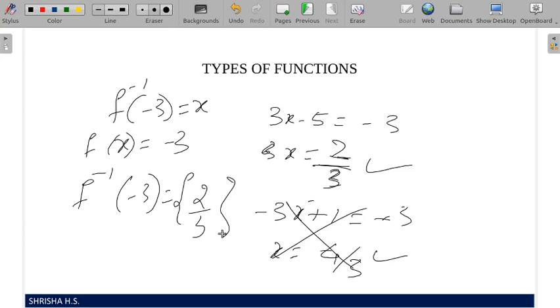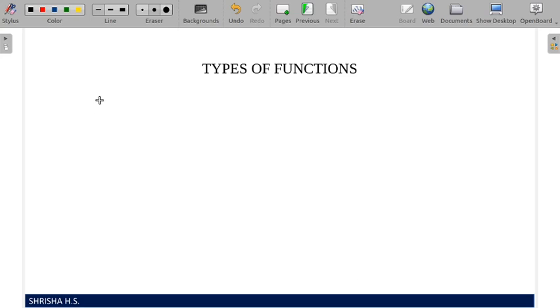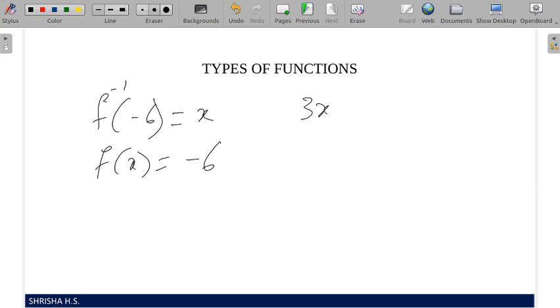So again, f inverse of minus 6 we have as a question. So f inverse of minus 6 equal to x, let's check, f of x equal to minus 6. Okay, so 3x minus 5 equal to minus 6, x equal to minus 1 by 3. So actually this is a wrong value for x, because x needs to be positive.